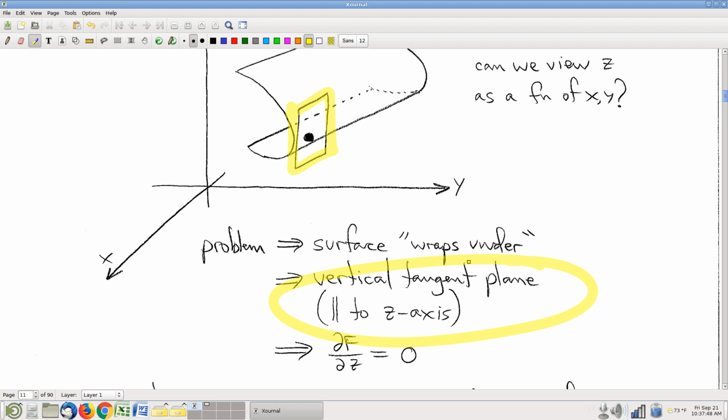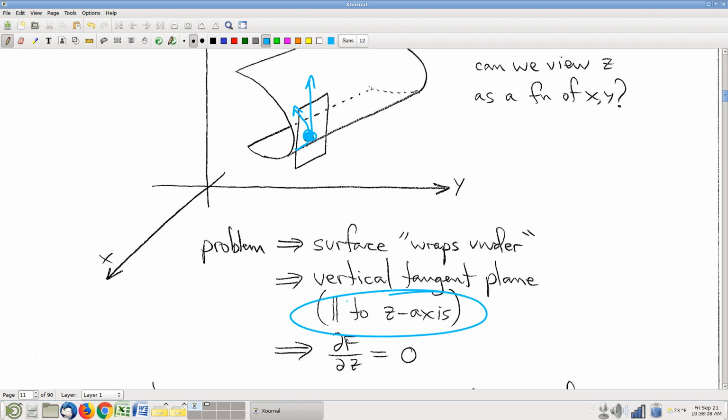If it has a vertical tangent plane, I appeal to your intuition, then as you are moving in this surface at this point in such a way that at that moment you're going straight up, because I'm parallel to the z-axis, I know there's a tangent vector that's exactly parallel to the z-axis.